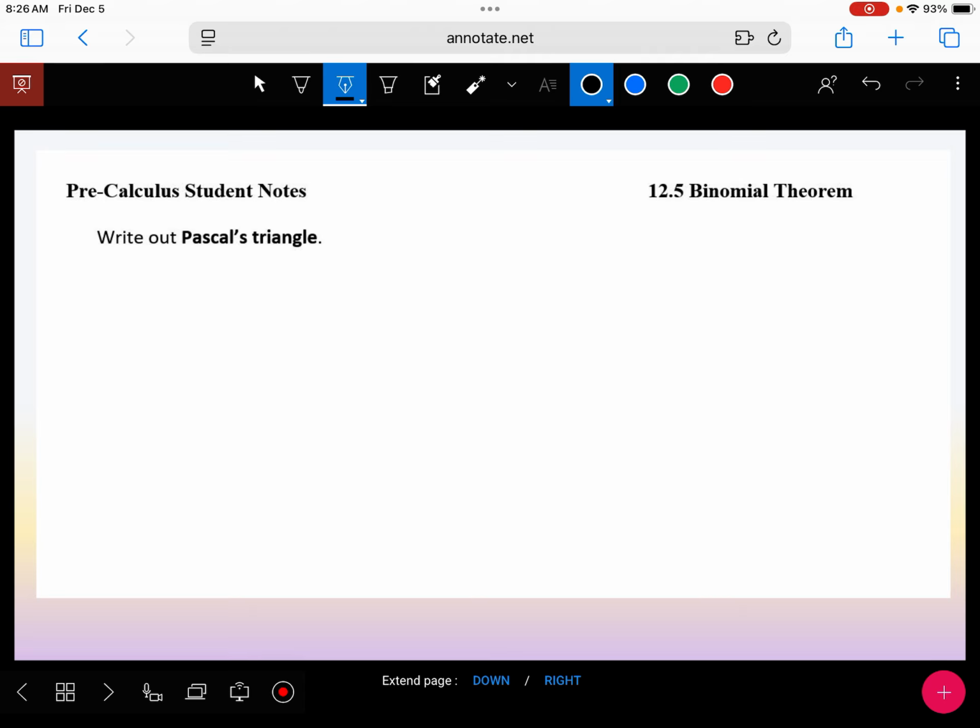So Pascal's triangle is a pattern. So the first row, this is actually called row 0. Because anything to the power of 0 is what? 1. So that's why we start off with row 0.